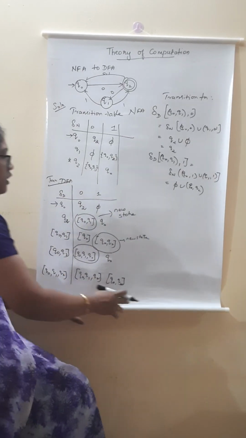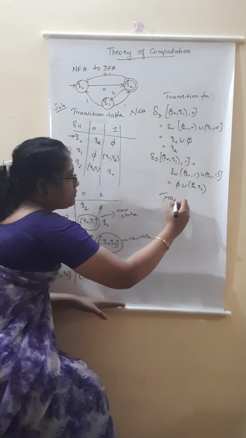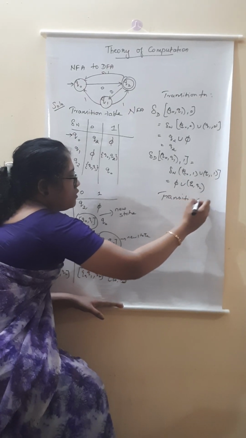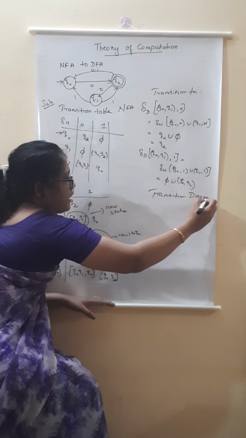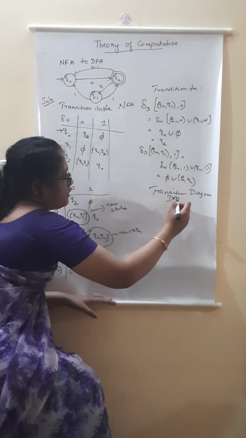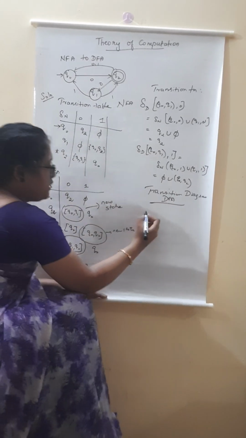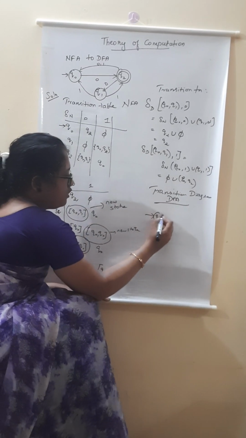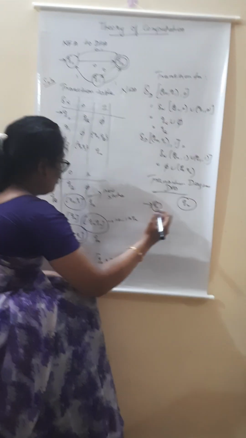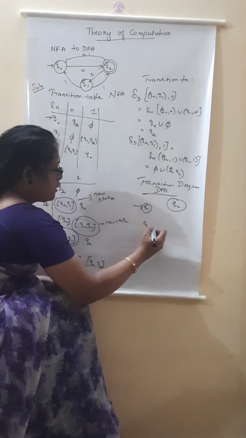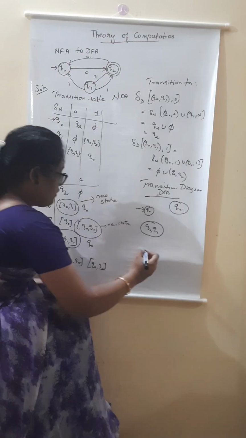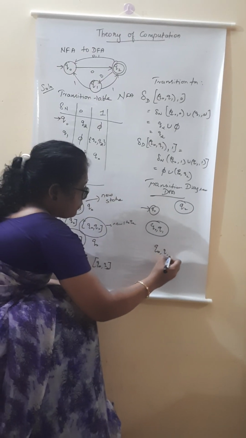So now you have to draw your transition diagram. So this will be your transition diagram for DFA. So what will be your initial state here? Initial state will be Q0, followed by Q2. Then you will be having Q0 comma Q1. Then you will be having Q0 comma Q2.